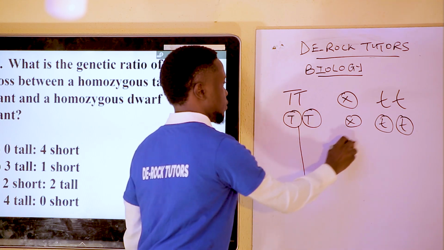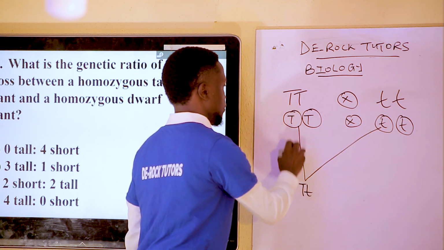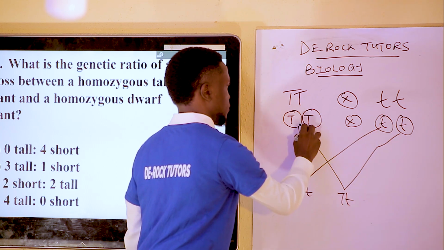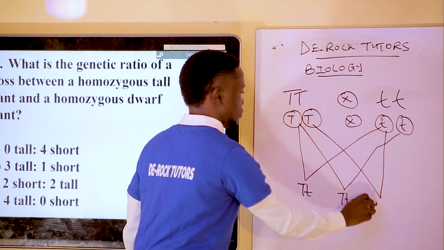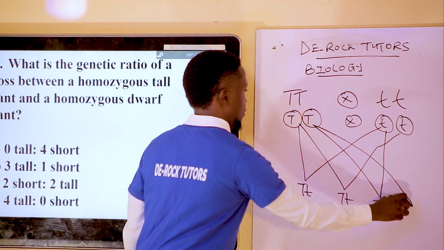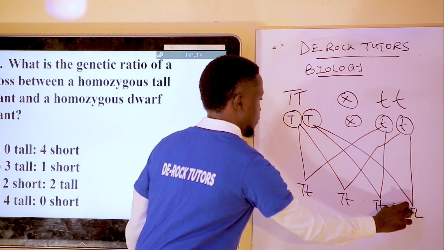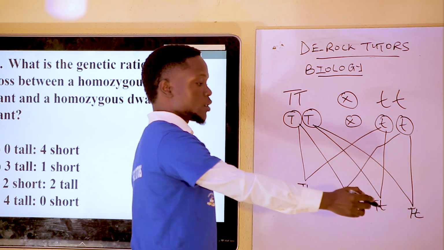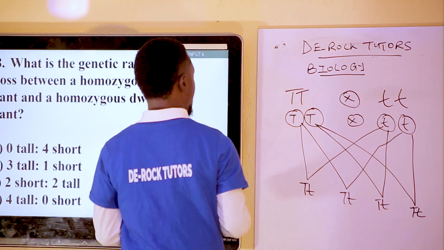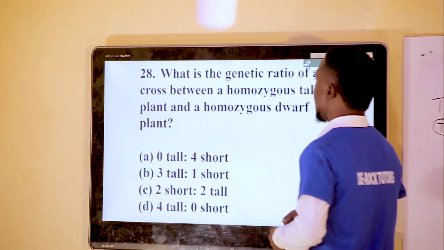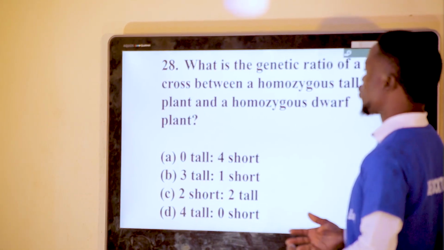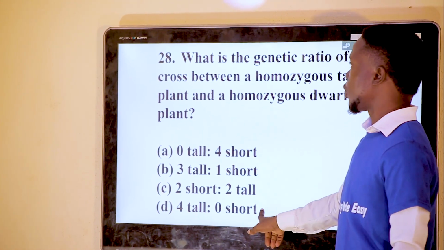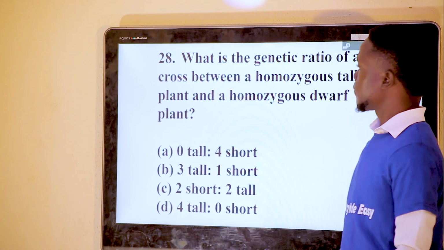So when it crosses, this means that they are heterozygously what? Tall. So the genetic ratio of a cross between a homozygous tall plant and a homozygous dwarf plant is 4 tall and 0 short. So the correct answer is option D.